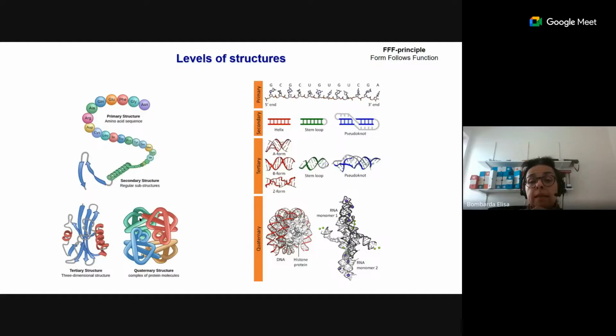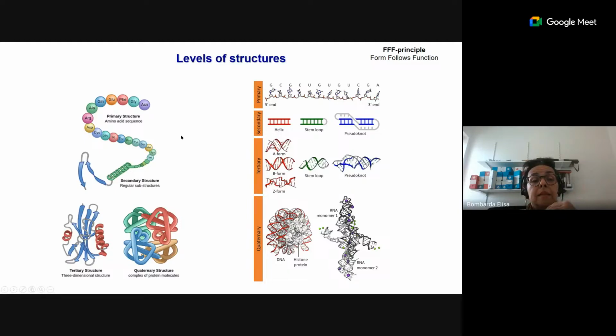Okay, so as I said, let's also look at what is similar. These biomolecules have a certain similarity in the way in which they assemble, in the sense that we can recognize the so-called primary structure, which is a chain of amino acids, just the sequence practically, for the protein, and the sequence also for the nucleic acid, a chain of bases.